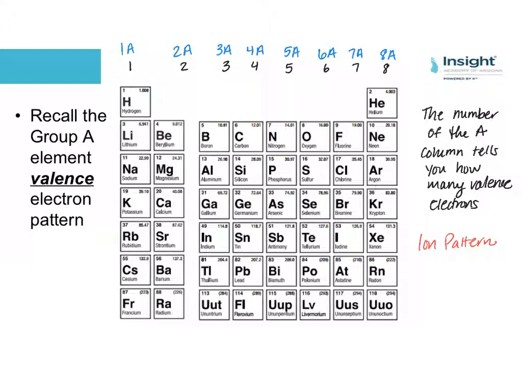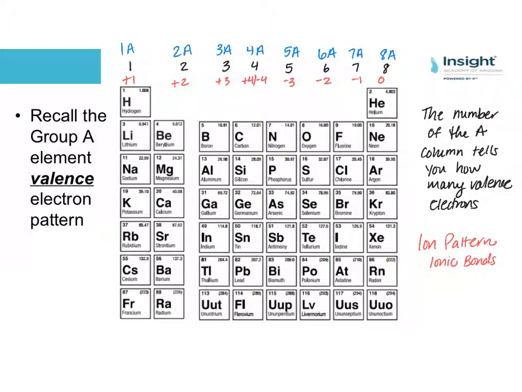So the ion pattern was a different thing. That's that whole +1, +2, +3, plus or minus 4, -3, -2, -1, or 0. So the ion pattern is for ionic bonds.